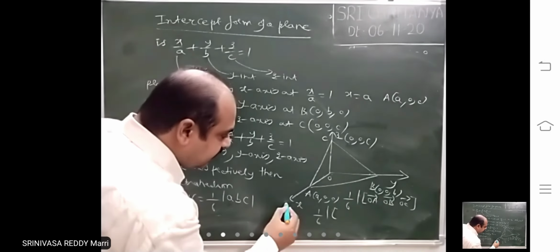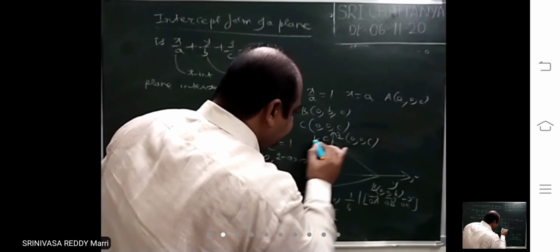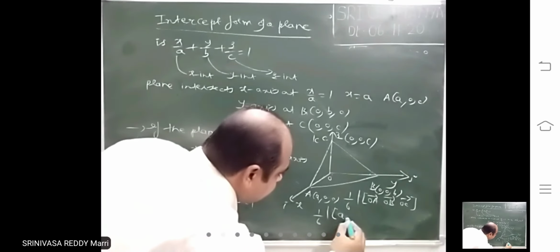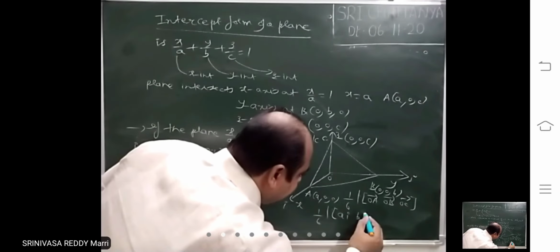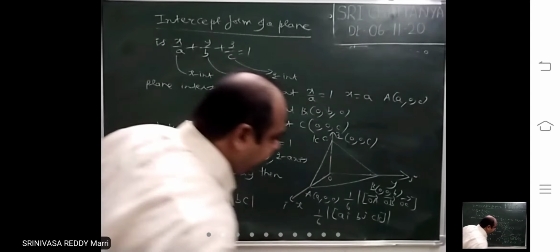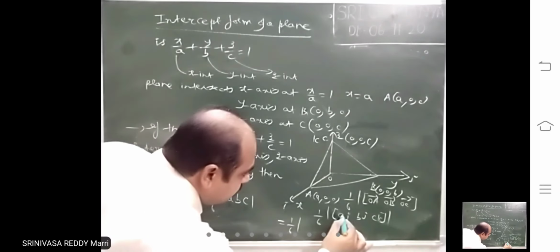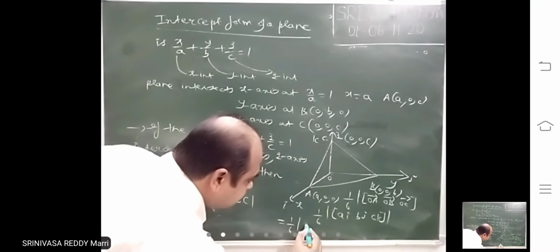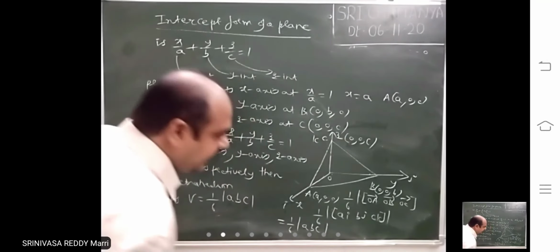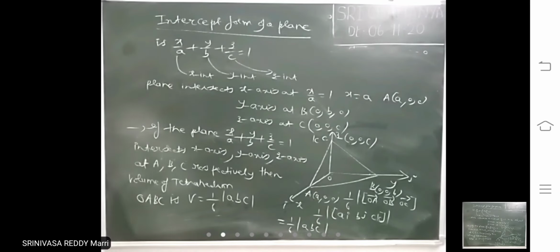OA bar is A i, OB bar is B j, OC bar is C k. That means box of A i, B j, C k. These are constants, so you write them outside: 1 by 6 into ABC into box of IJK. Box of IJK is 1.